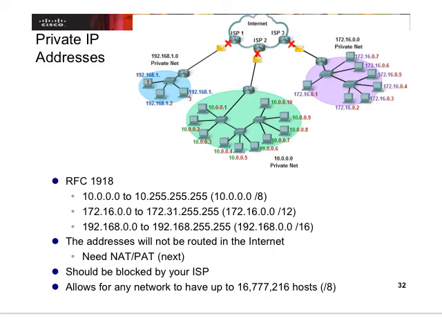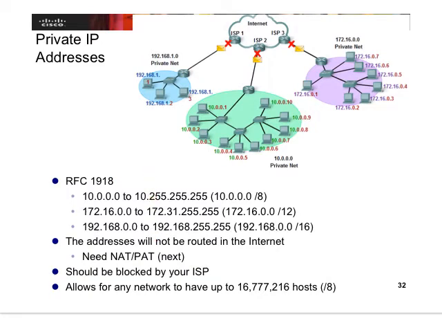Therefore, the ISP blocks any packets with an IP address in these ranges, because these are private, not public. Once you go outside your network, you have to use a public IP address, which is any IP address that is not in these three ranges.